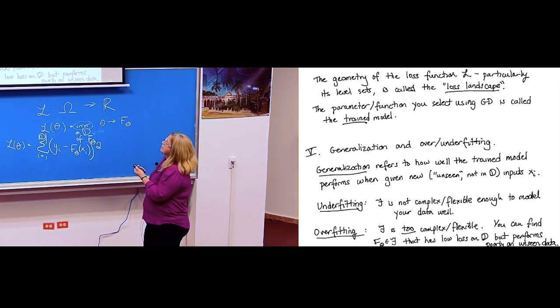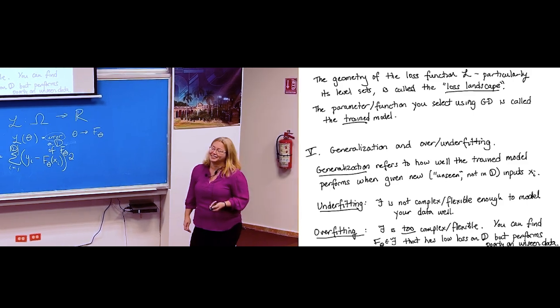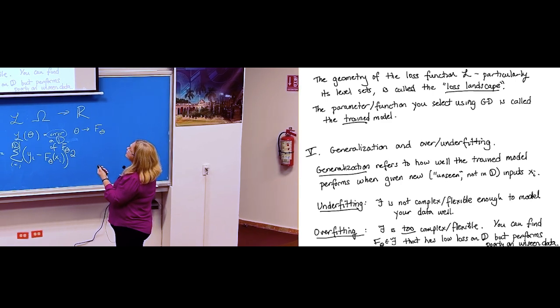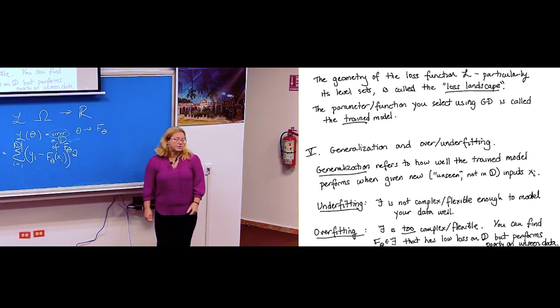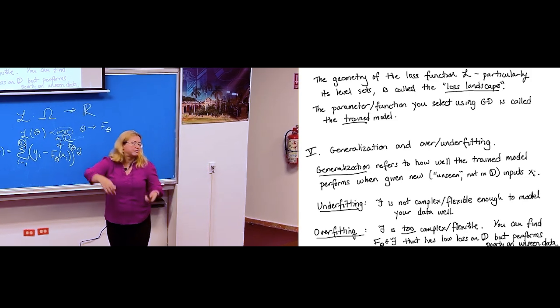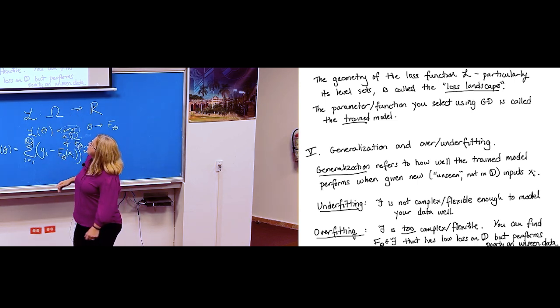So the next little topic in the background of neural networks is generalization and overfitting or underfitting. If you're a practitioner, you have your data, you pick your family of functions, you go through this whole process, and you find a trained model.